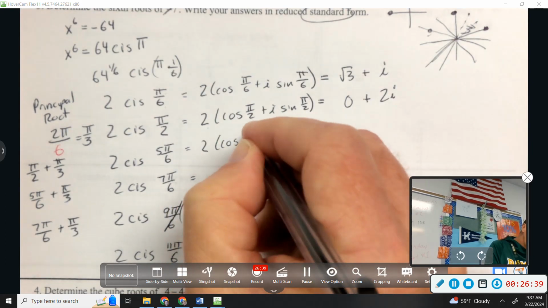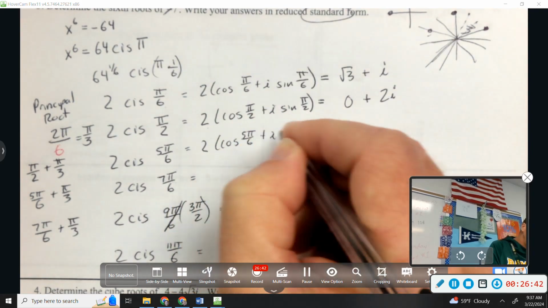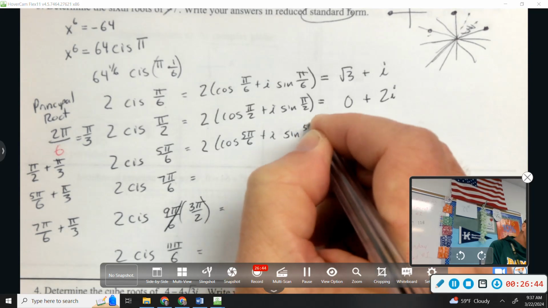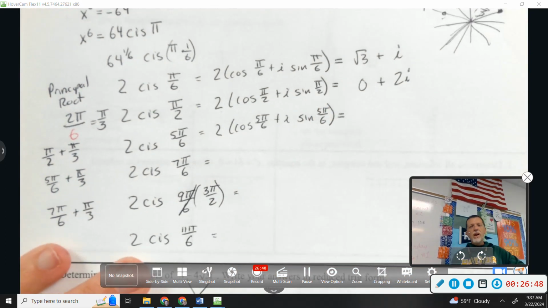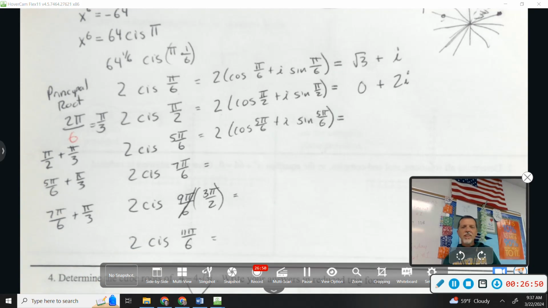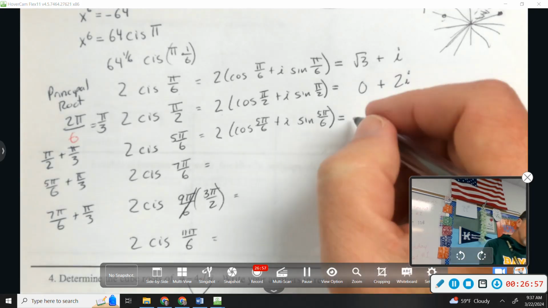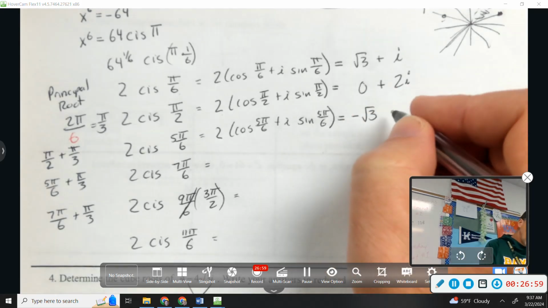2 cosine 5 pi over 6 is a unit circle. Hope you know your unit circle. I won't call anybody out, but I hope you know your unit circle. Cosine 5 pi over 6 is negative root 3 over 2. So negative root 3.